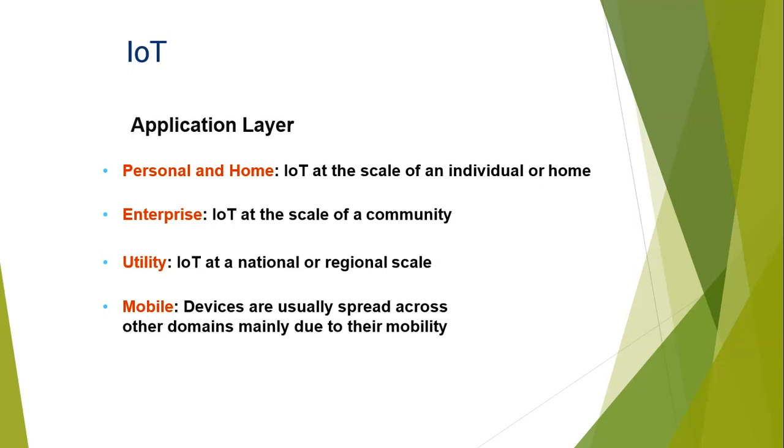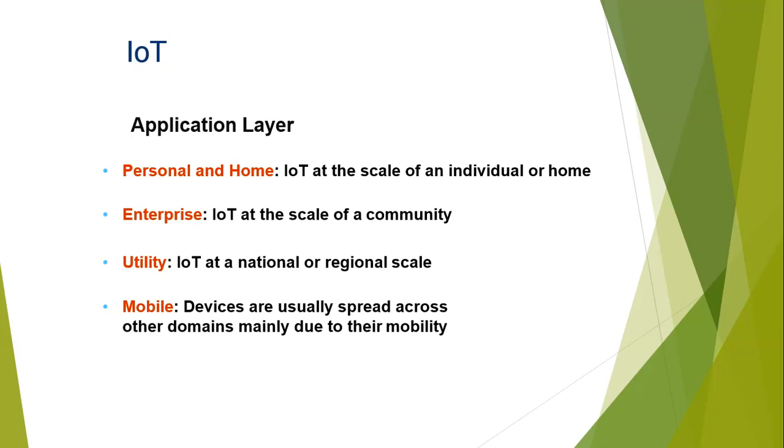Then we reach the enterprise level. In IoT, the scale of a community is much larger, and there are different characteristics that we need to consider once we reach the enterprise domain of the application layer for IoT purposes.